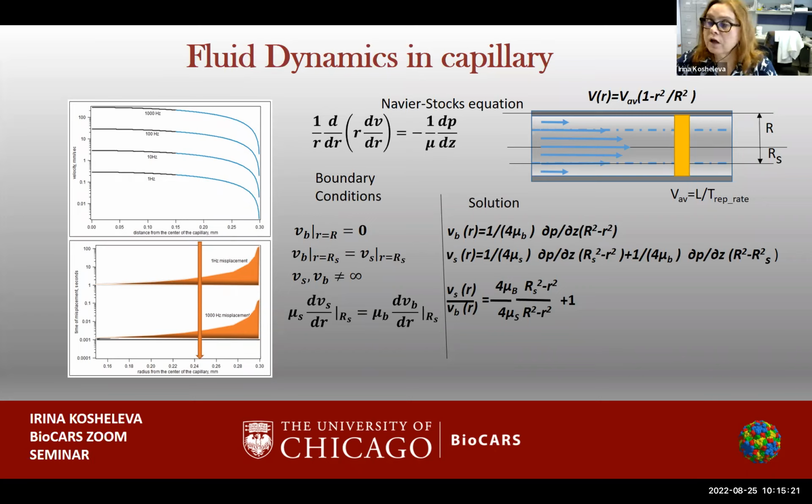And from that we can calculate the velocity profile, which I have here on the top graph. I calculated that for different frequencies which are available at our beamline, from 1 Hertz, here we can do slower if we want, to 1 kilohertz.